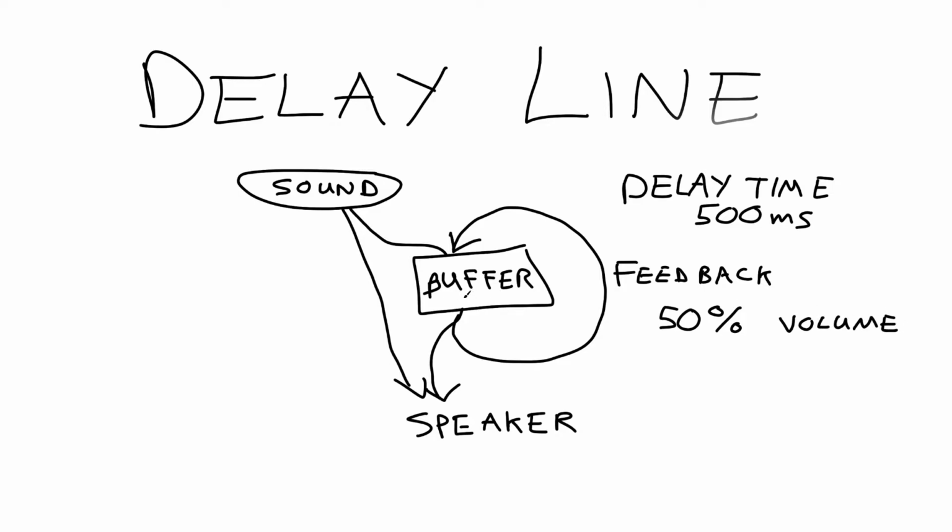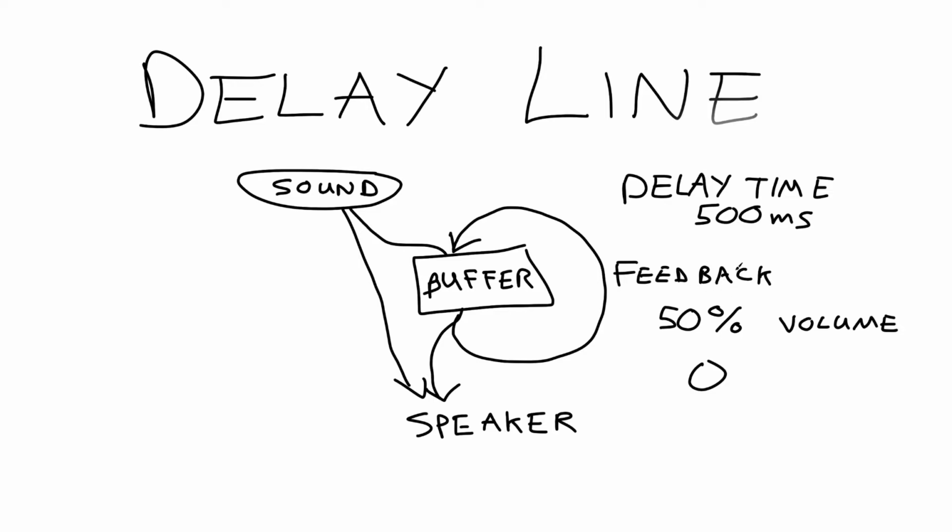Half a second later again, that signal is sent out and reduced again, and this repeats over and over until we get 0 dB volume. So that's the basic idea. We get a sound boom, boom, boom, boom, until it fades away. That's the delay time used in combination with feedback.